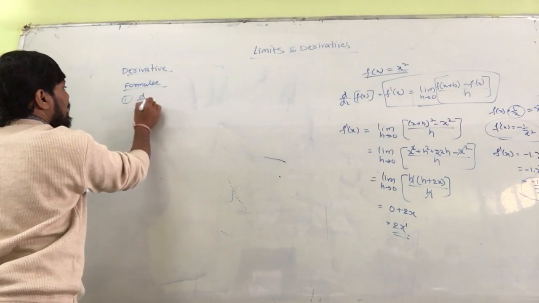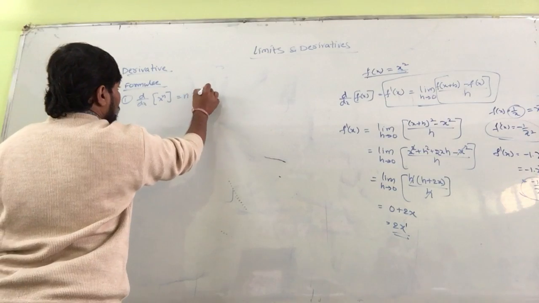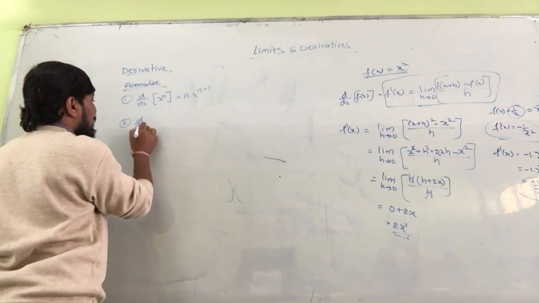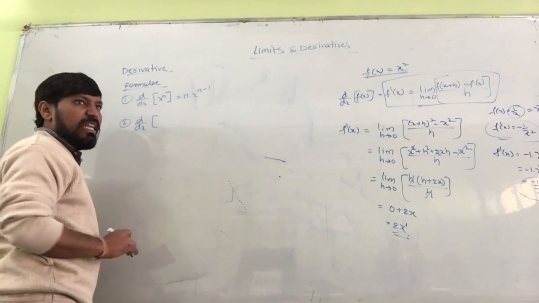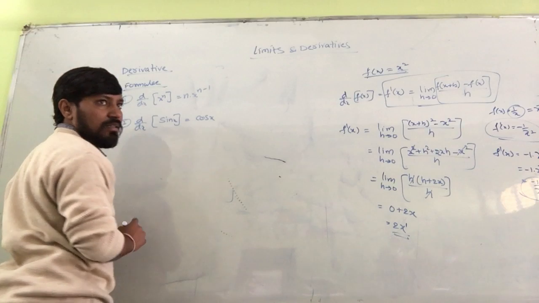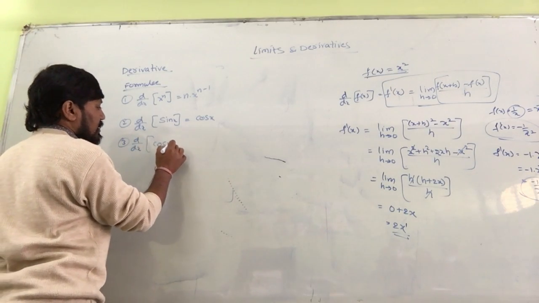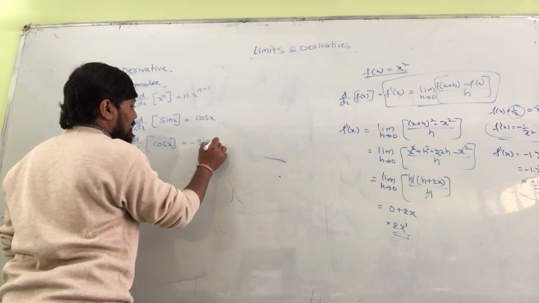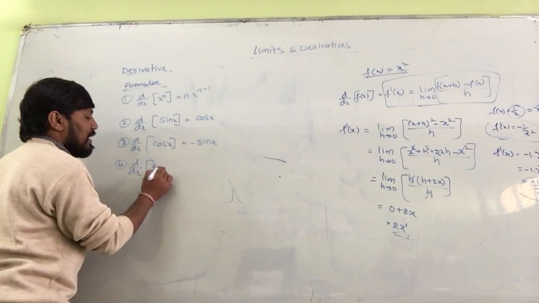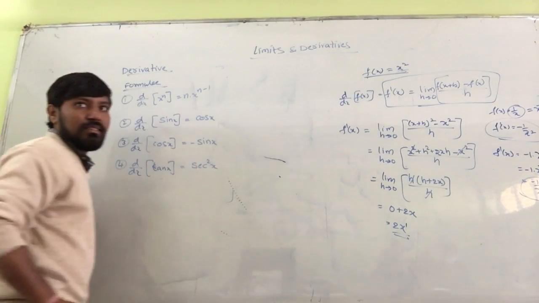The first one is d by dx of x to the power of n, which is equal to n x to the power of n minus 1. Next, d by dx of sin x, which is equal to cos x. Third, d by dx of cos x is equal to minus sin x. You can prove these. Fourth, d by dx of tan x is equal to secant square x.